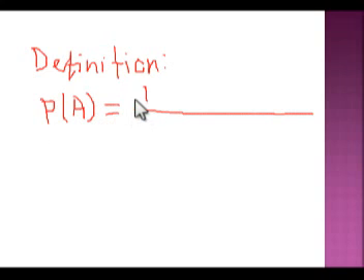The numerator is the total number of favorable outcomes, meaning the outcomes which you intend to measure by probability.